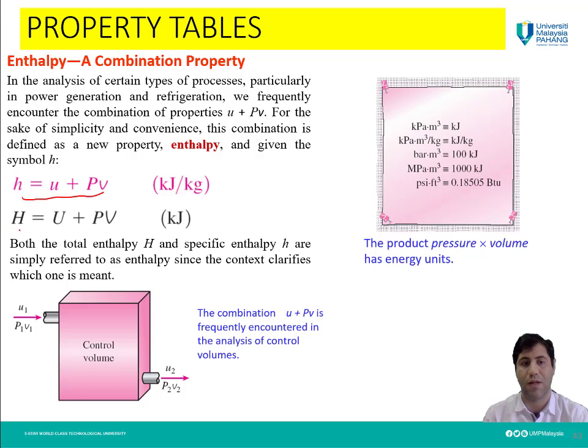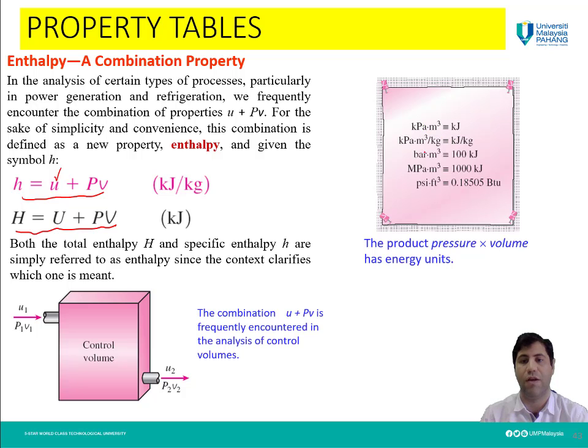And this is the total enthalpy, total energy, pressure, and volume of that substance. You see the combination property, and if you notice here, the unit for H will also be in terms of energy. U is the internal energy, and P times V, the product of pressure times volume, also has an energy unit.